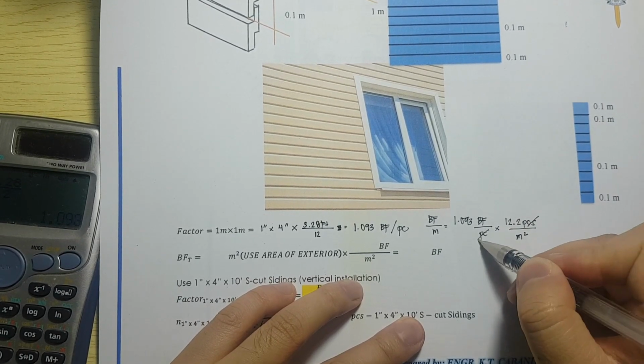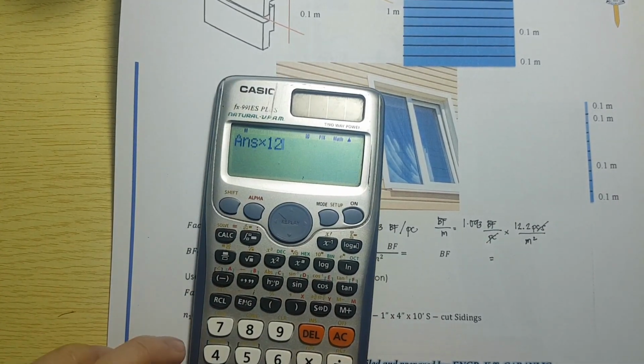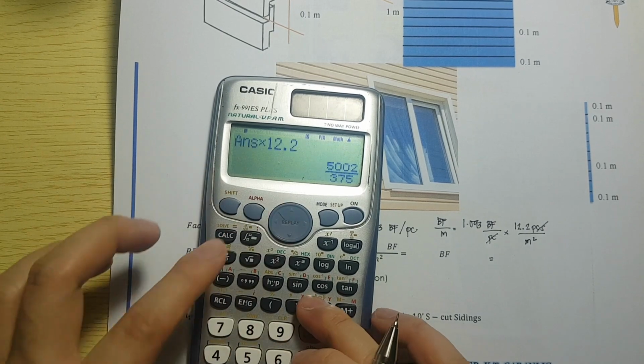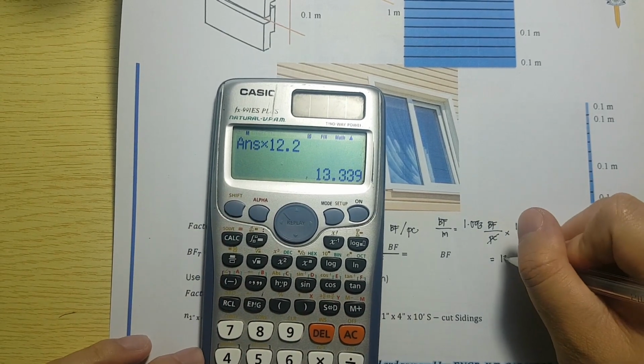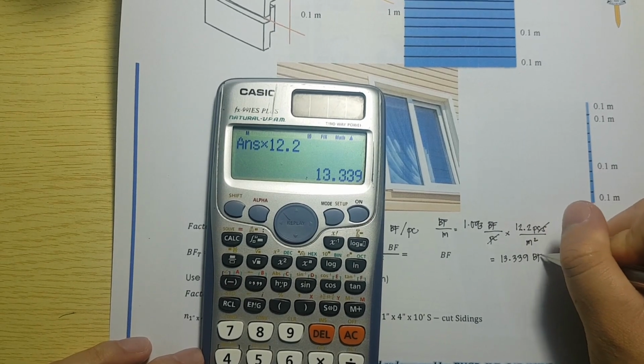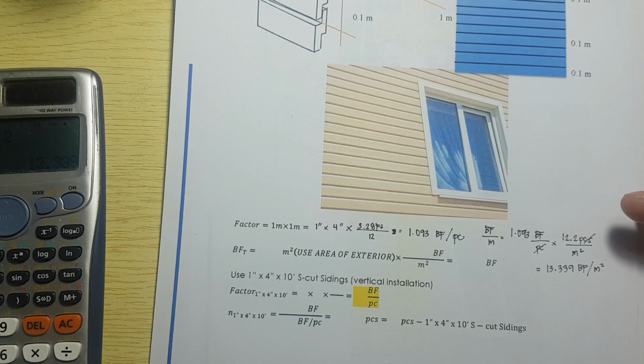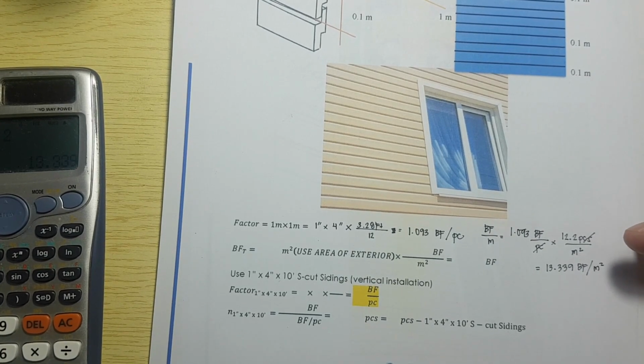So pieces will cancel out and we will be left with 1.093 times 12.2. We have 13.339 board foot per square meters. Then we can now compute for the total board foot to be used.